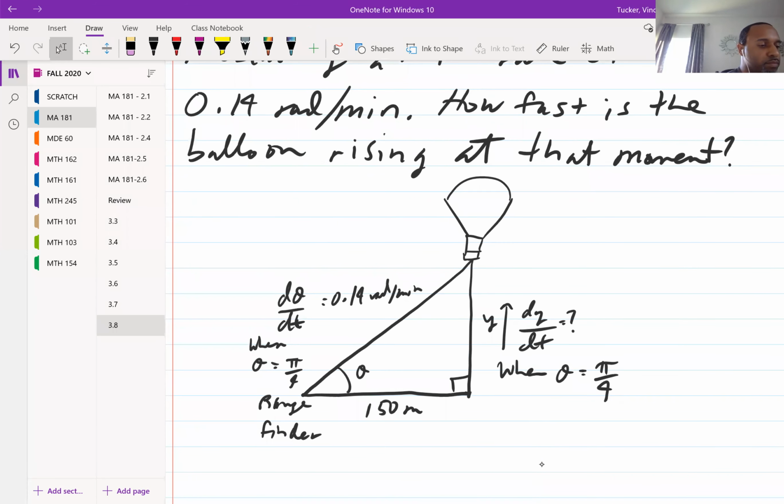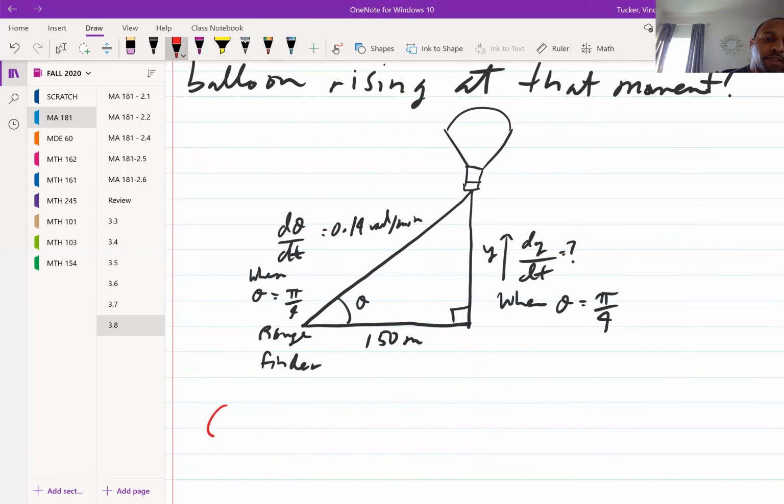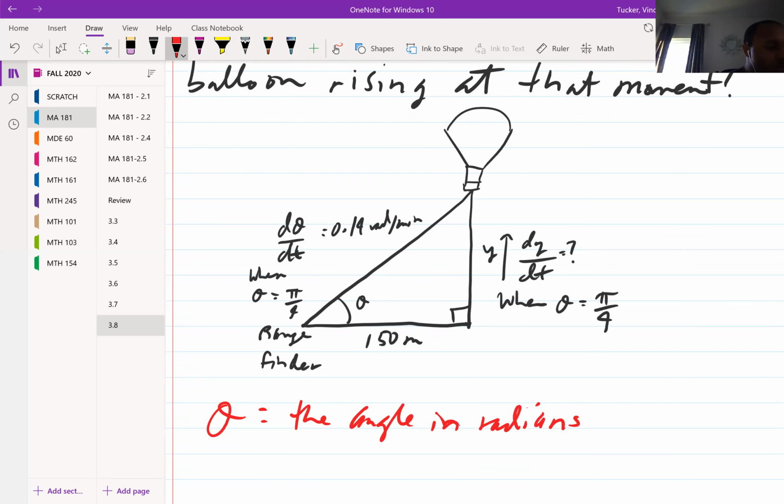All right. So we only have two variables in this case. We got theta, which is the angle in radians. So make sure you're careful with that if you're using your calculator, because if your calculator is in degrees, it will not give you the right answer.